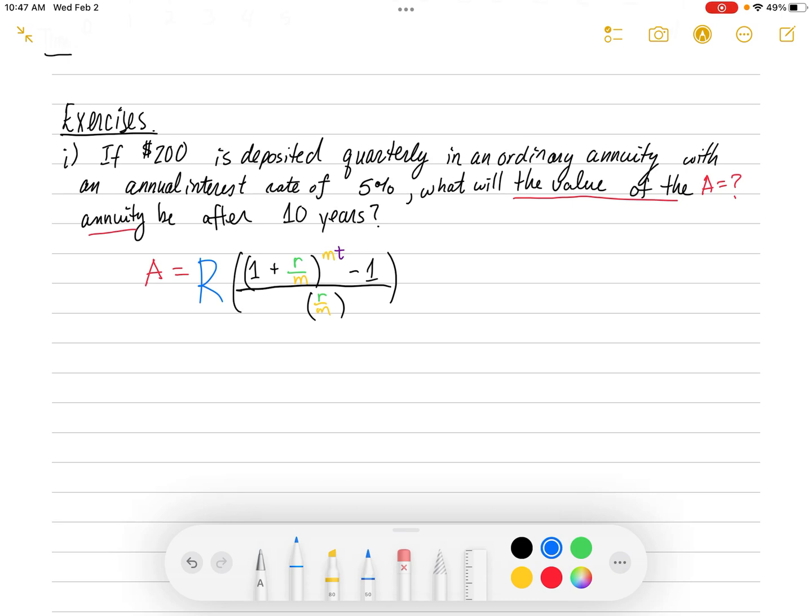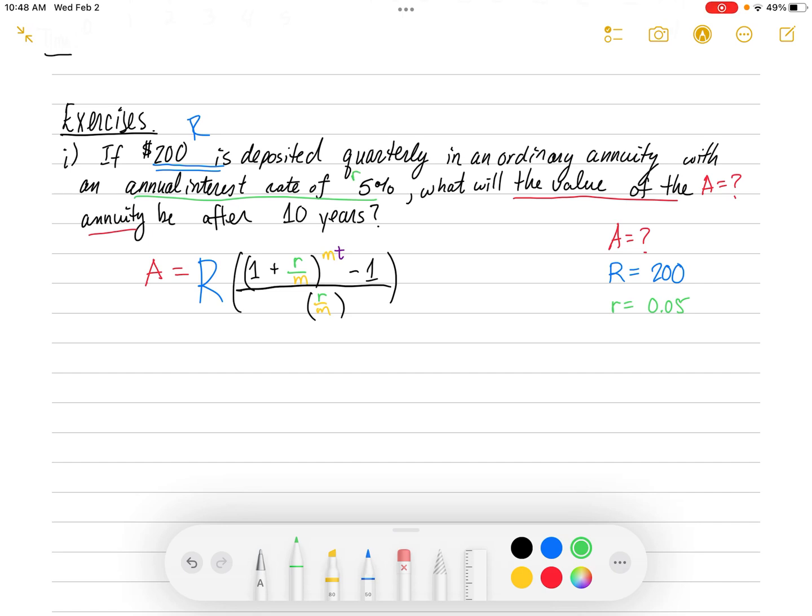So let's see, what is capital R here? We're looking for big A, right? Big A, the future value, the value after 10 years. So capital R, those are our regular, in this case, quarterly payments. Right, $200 is deposited quarterly. So $200. What else? Little r is the annual interest rate. That's 5%, 0.05.